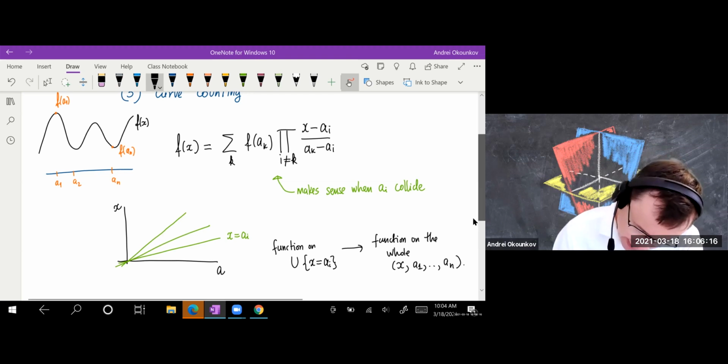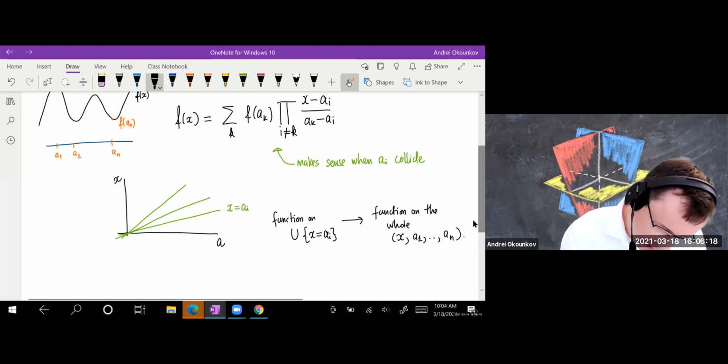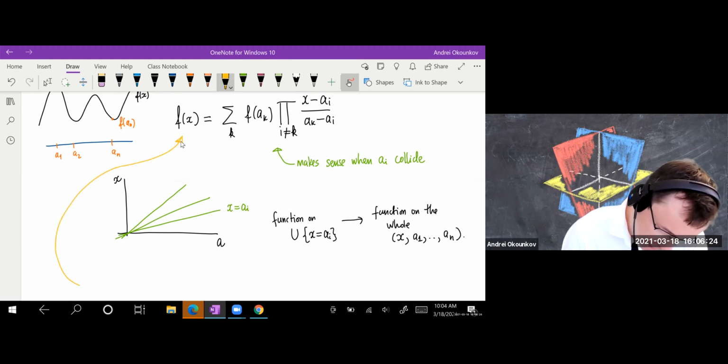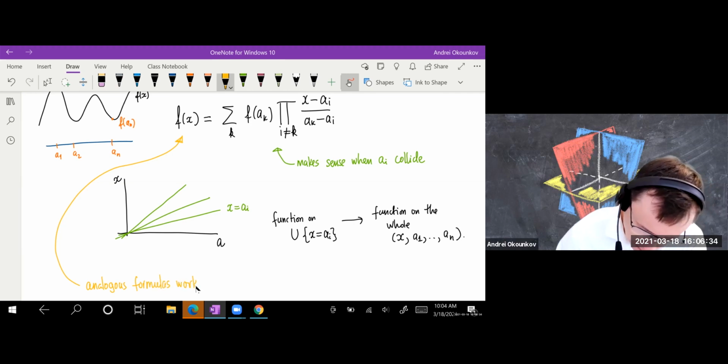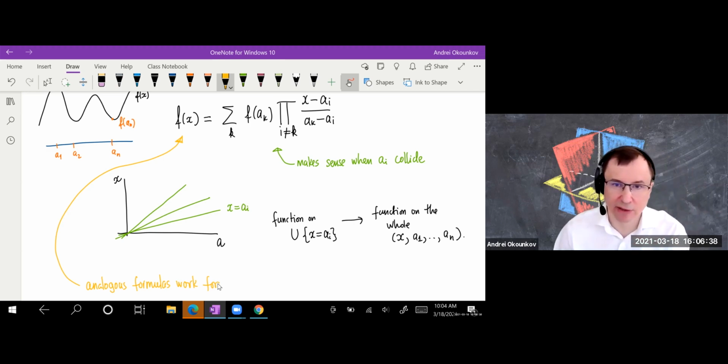And the second thing is that analogous formulas work for other cases. So this was about a function defined on a line.